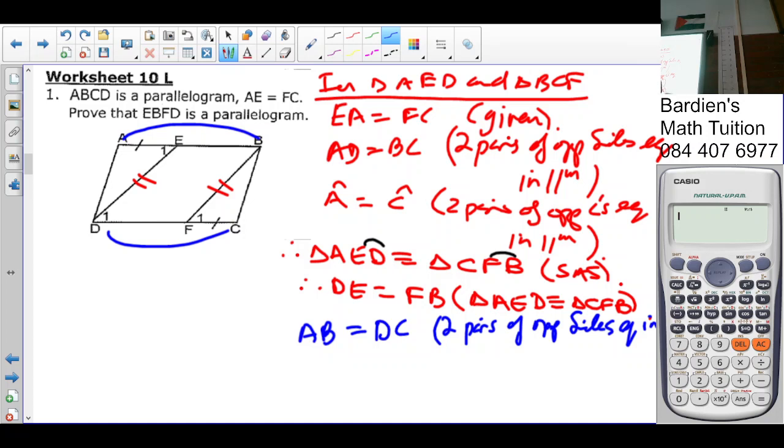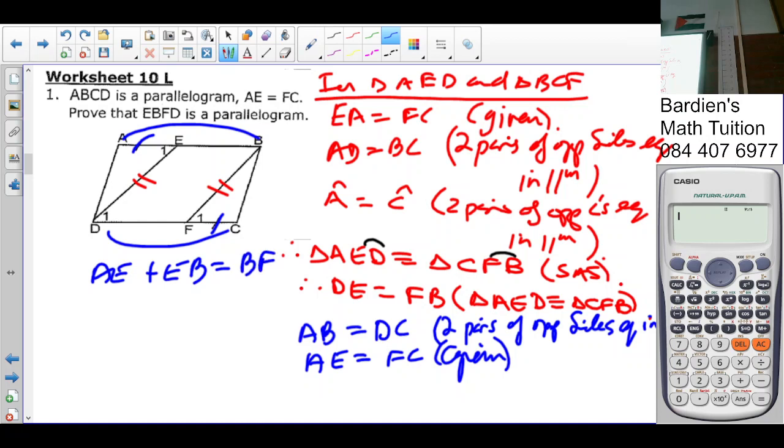However, AE is equal to FC. Why is AE equal to FC? It was given. But remember, AB is made up of AE plus EB, and DC is made up of DF plus FC.